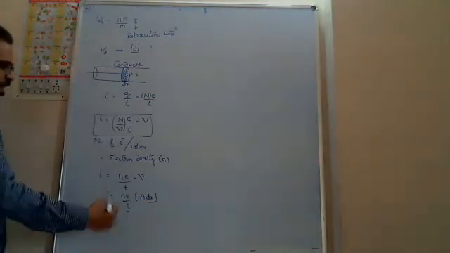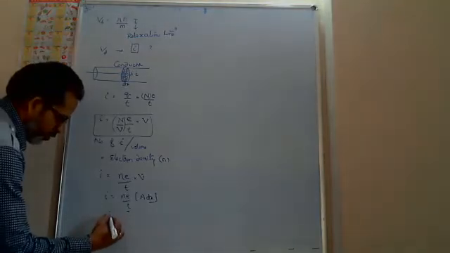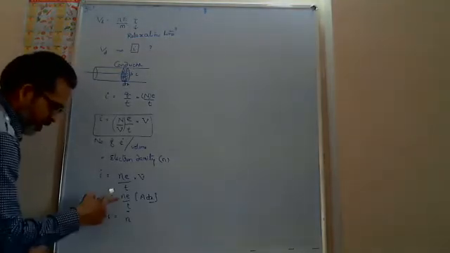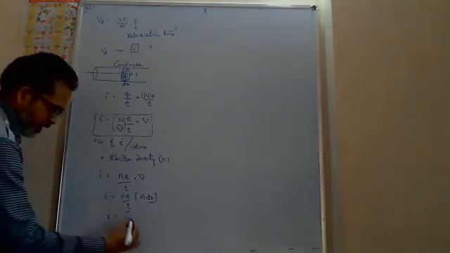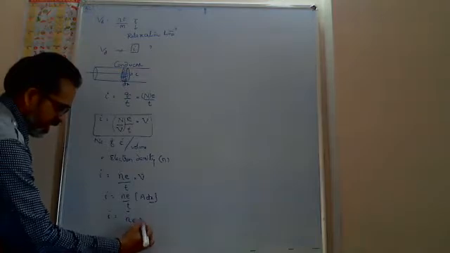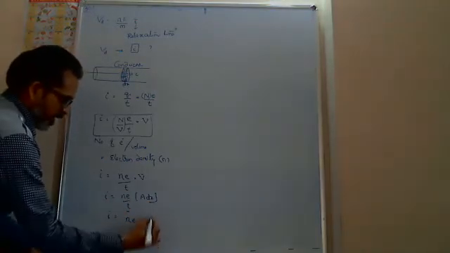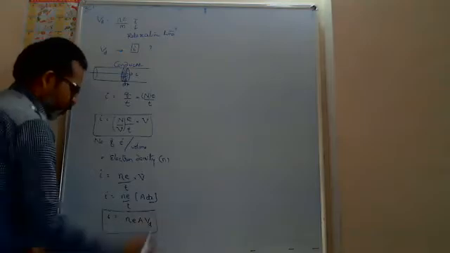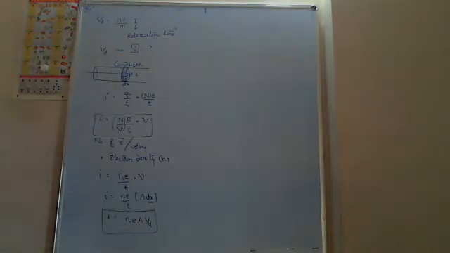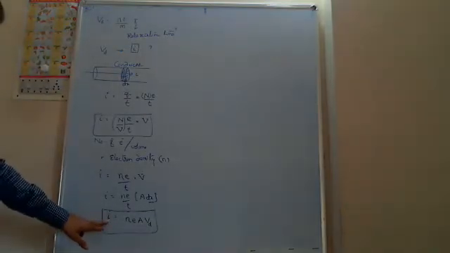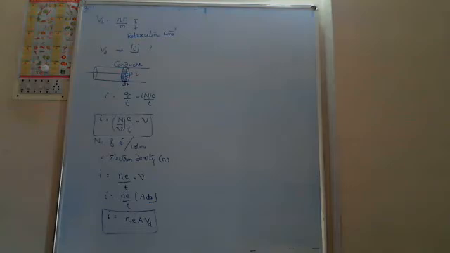That's why I can write I is equal to n, the number of electrons per unit volume, the electron density, times E, A, into distance by time, the drift velocity. So finally I am getting the relation between the current and drift velocity.